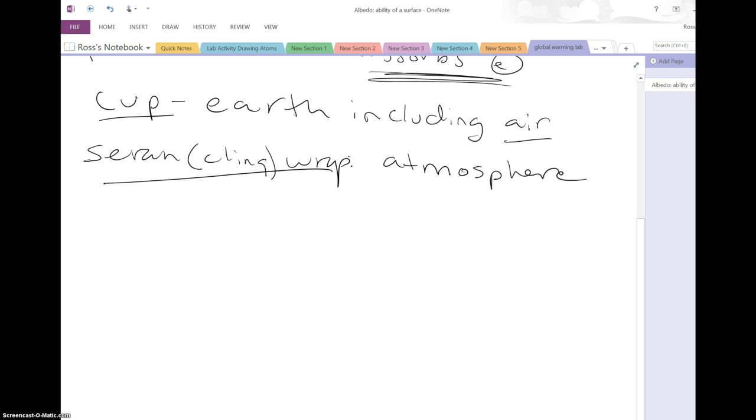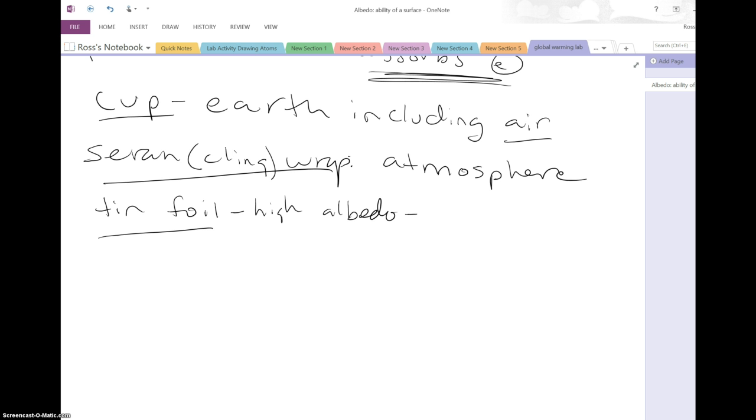So now we're getting to tin foil. Remember, tin foil has high albedo, meaning it reflects most light. What surface on Earth reflects lots of light? It's very light colored, reflects lots of energy and lots of light back up into space.